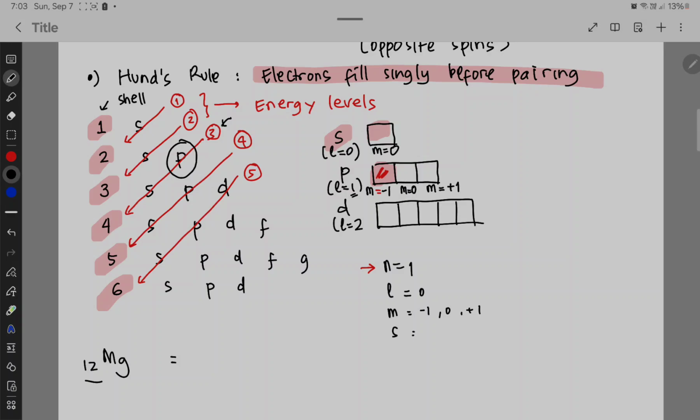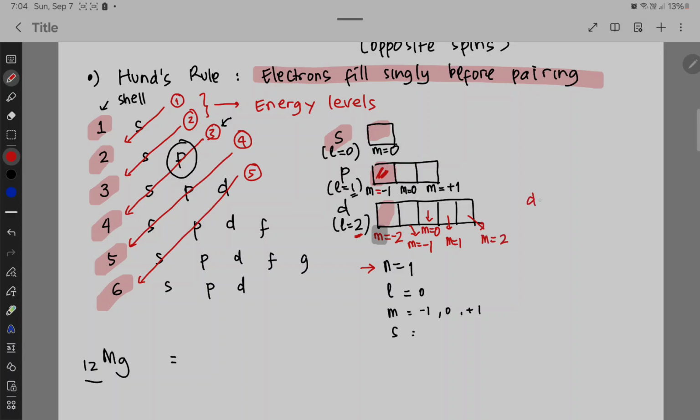Subshell d, where l is equal to 2, consists of 5 orbitals. Because l is 2, the first orbital is m = -2, then this is m = -1, this is m = 0, this is m = 1, and this is m = 2.